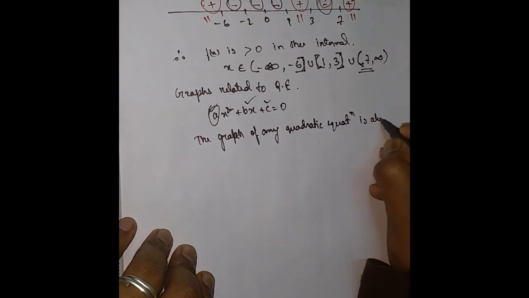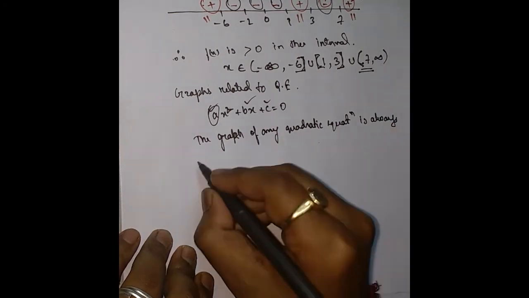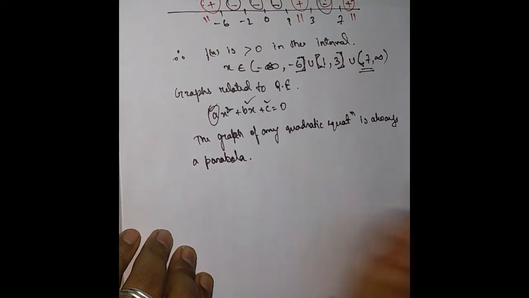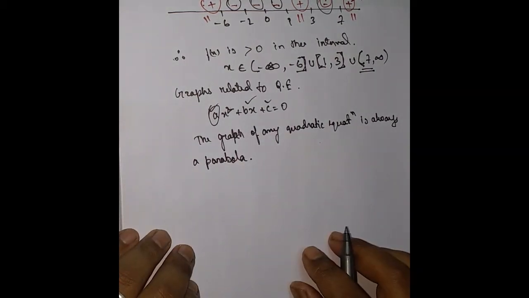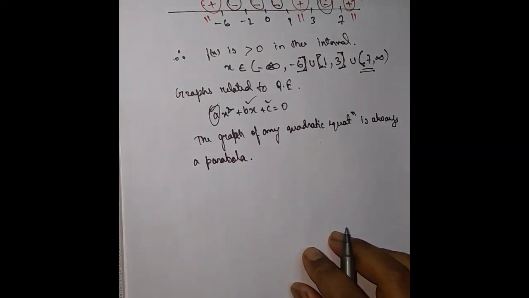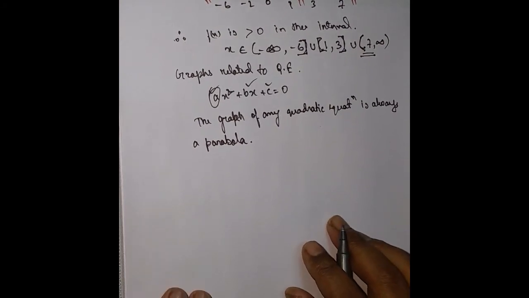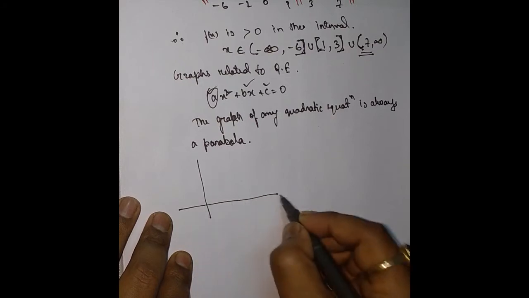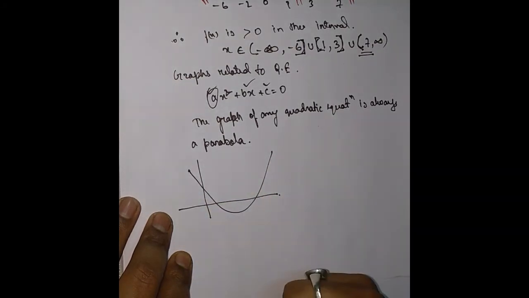is always a parabola. For friends who don't know what a parabola is, it is of the type like this. Here is the x-axis, this is the y-axis, this is a parabola.